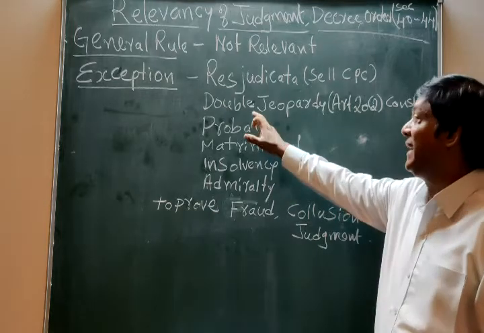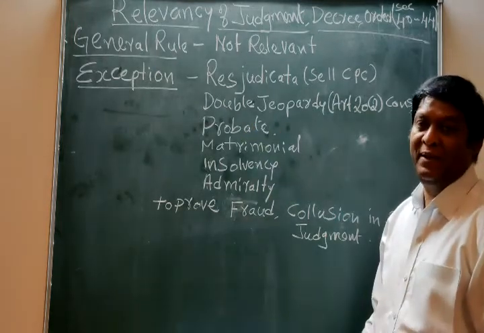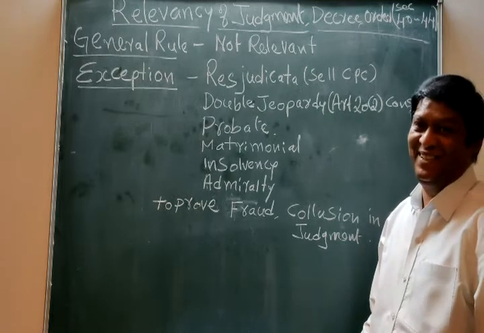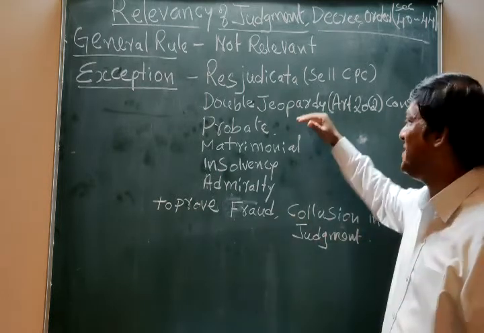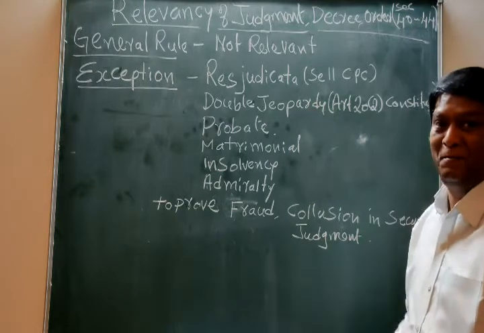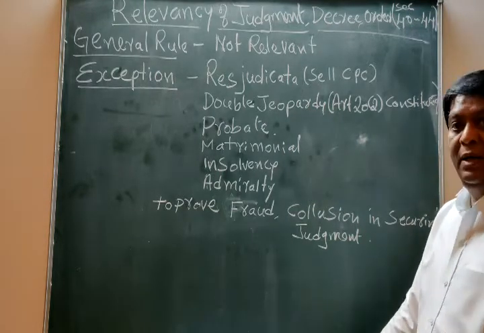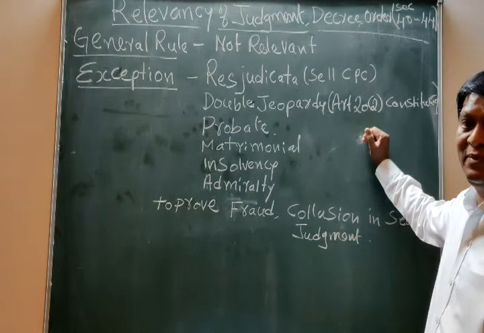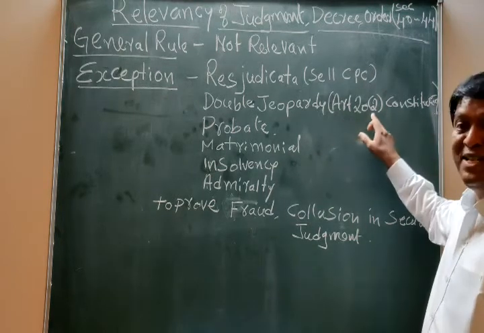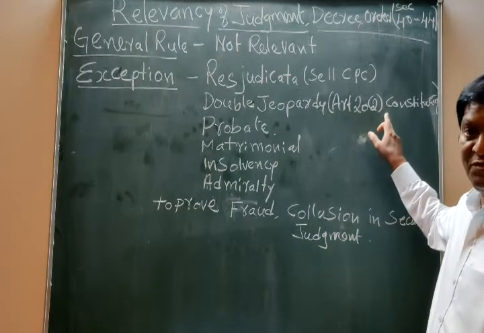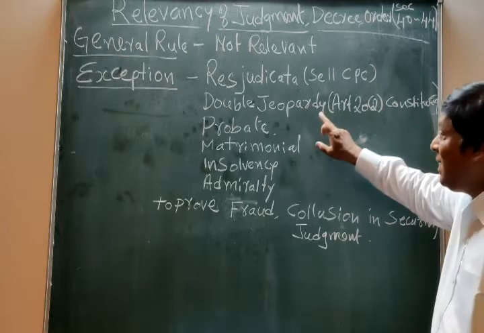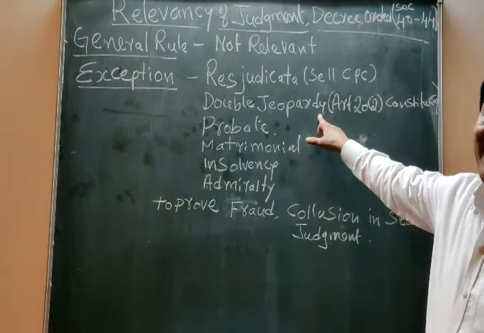Now we will go to the second exception, that is double jeopardy. Where will you find this word? In the constitutional law of our country, Article 20, subclause 4. That means it applies to criminal cases.